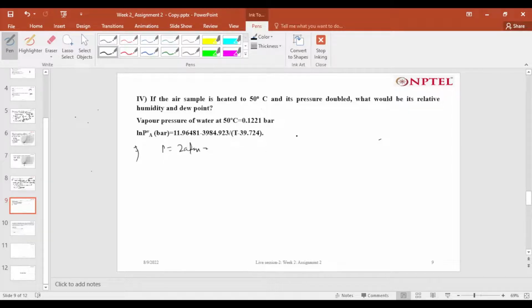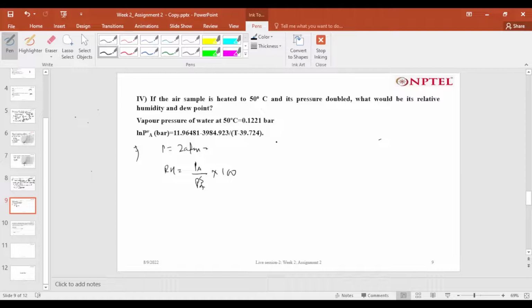Now, to calculate the relative humidity, RH is equal to PA over P_s into 100. Now we don't know the partial pressure.